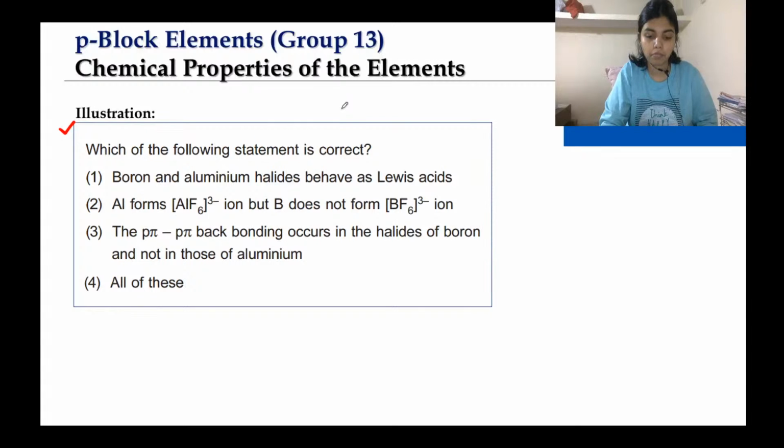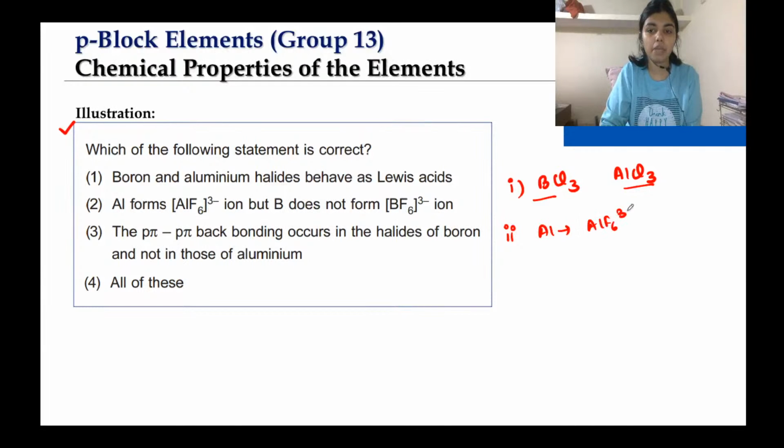Anyone with the answer? BCl3, AlCl3, let us say for example, are Lewis acids or not? First point is this. Second says that aluminium can form AlF6 3-, but boron cannot form BF6 3-.